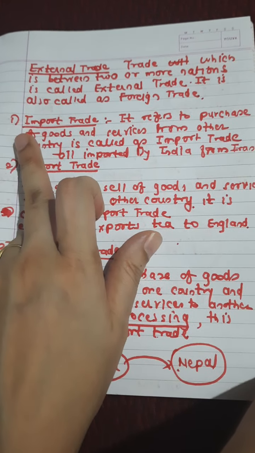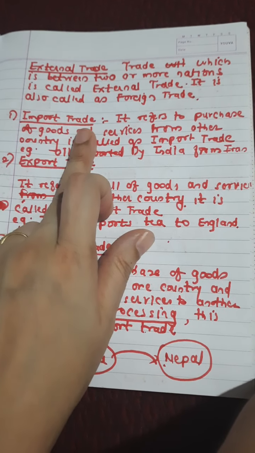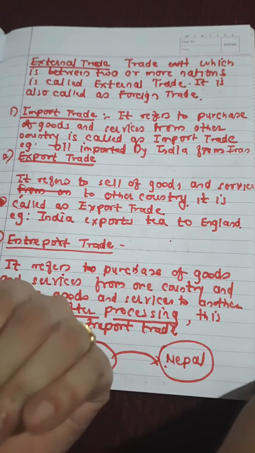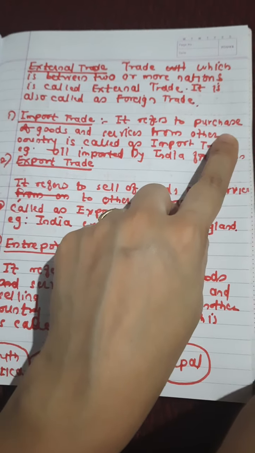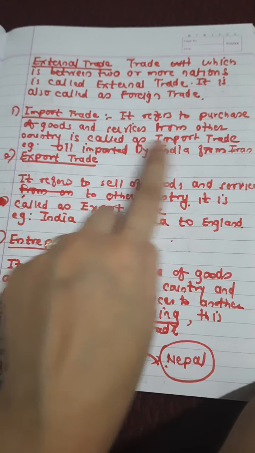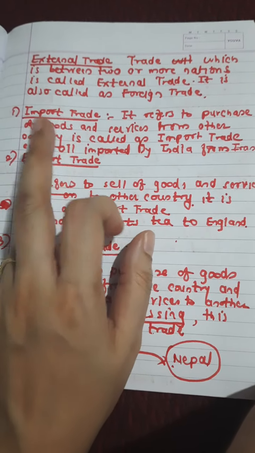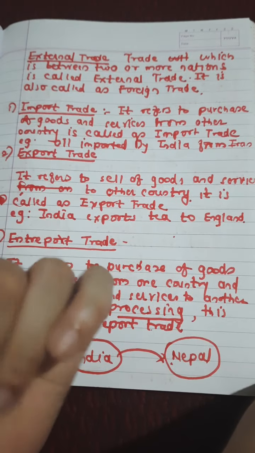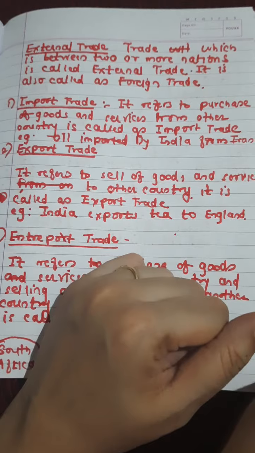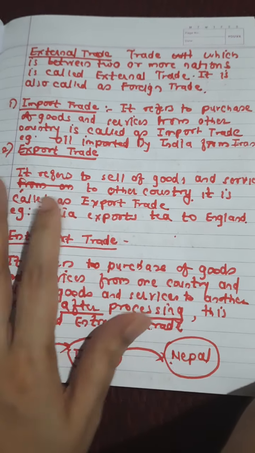Number one type, import trade. Import means purchase. It refers to purchase of goods and services from other countries, called import. An example is given: oil, we import oil from Iran, Iraq. Right? So that's an example of import trade.